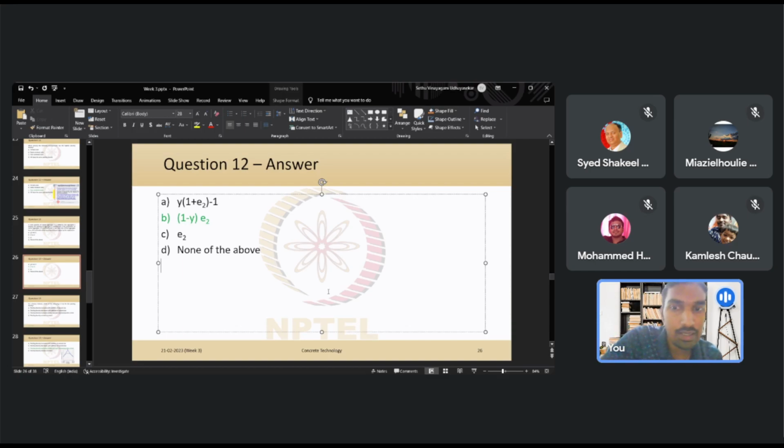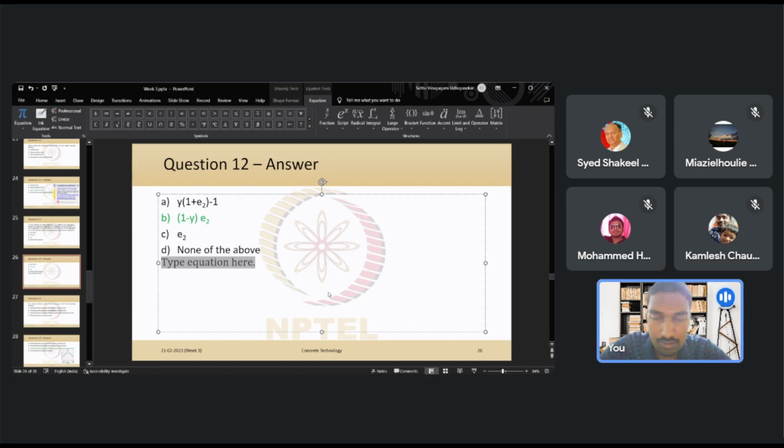So how do we arrive at this? Let's derive that expression. Let us assume that capital V represents the bulk volume of the fine aggregates, which is aggregate 2.